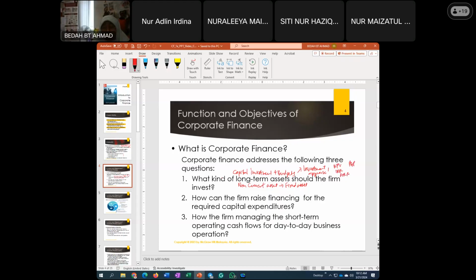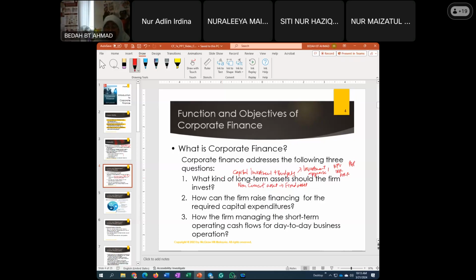Then also you are comparing whether the financing is leasing, finance lease or operating lease, right? Then I think there are a few different techniques again, to make assessment on the capital investment and budgeting decisions.